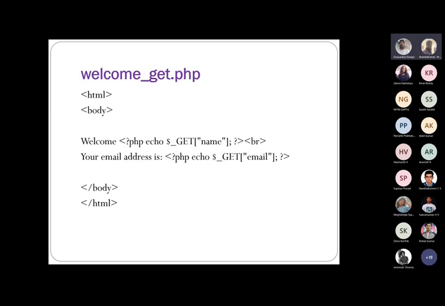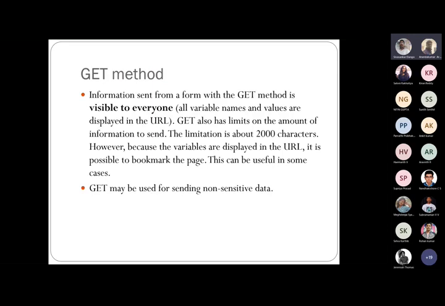What's the difference between get method and post method? The information sent from a form using a get method is visible to everyone. All the variable names and values are displayed in the address bar, in the URL. Again, the get method has a limitation on the information to be sent from the client side to the server side, about 2000 characters.